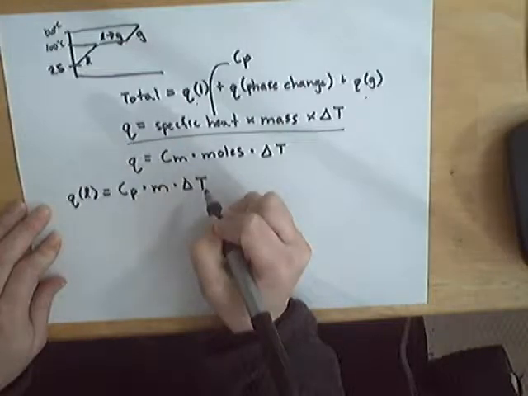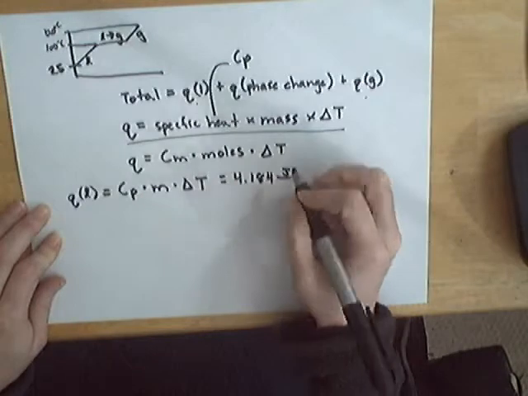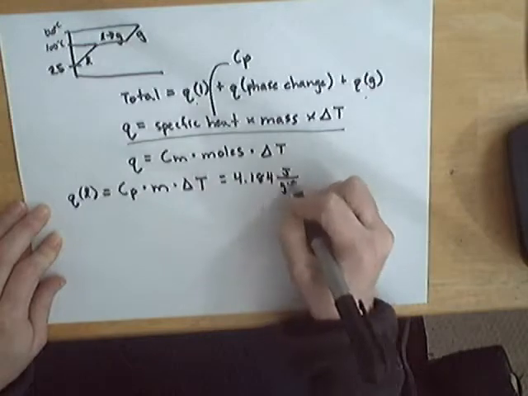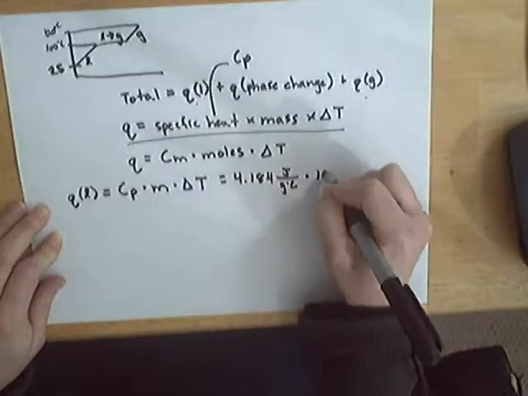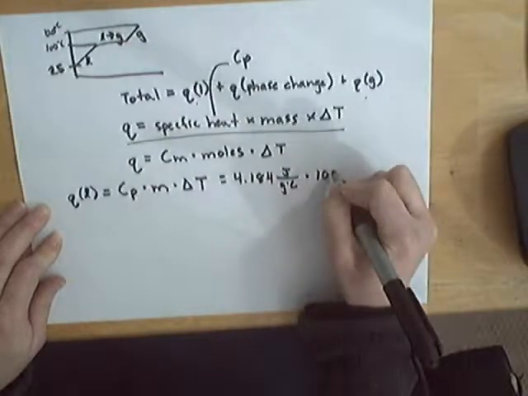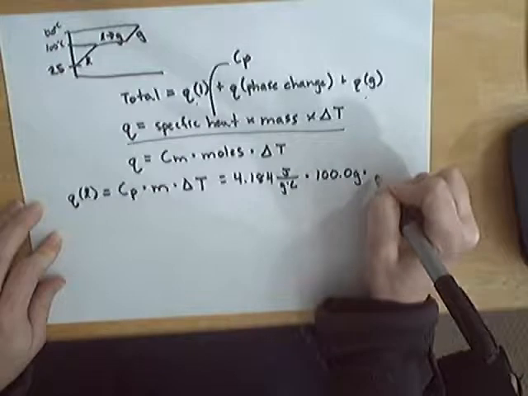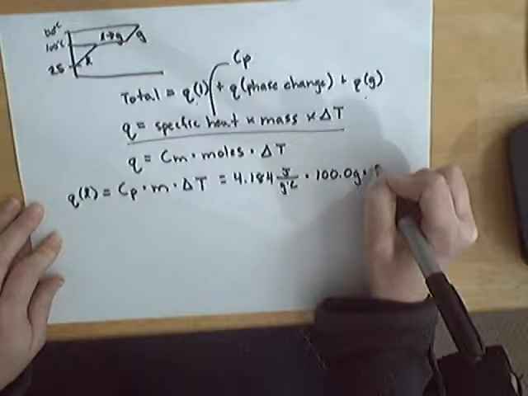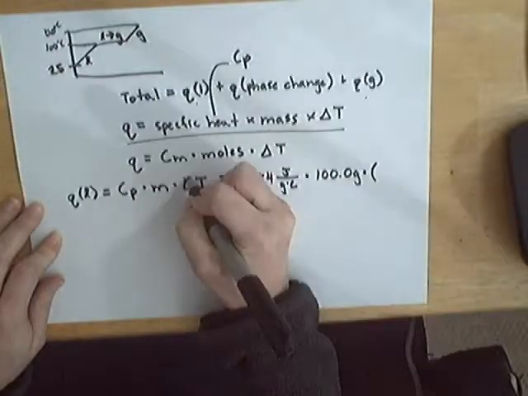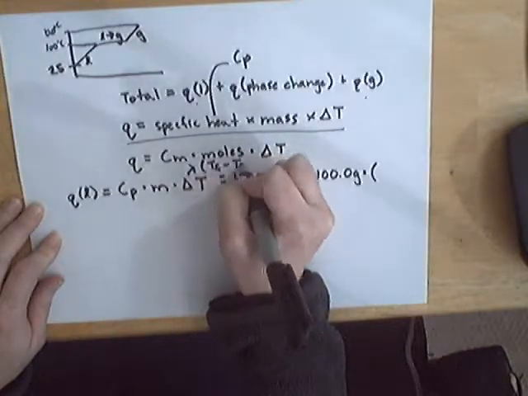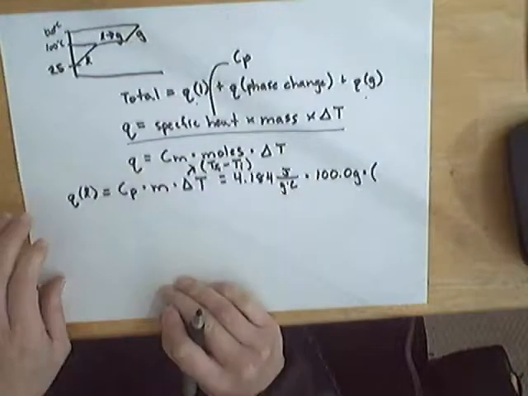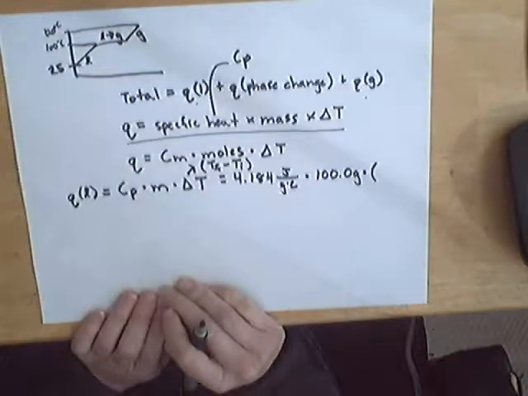The specific heat of liquid water we were given as 4.184 joules per gram times degrees Celsius. The mass of the water we were given as 100 grams. And change in temperature. Anytime you have change, it's final minus initial. So it's going to be the final temperature minus the initial temperature.